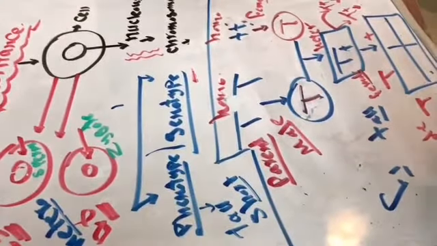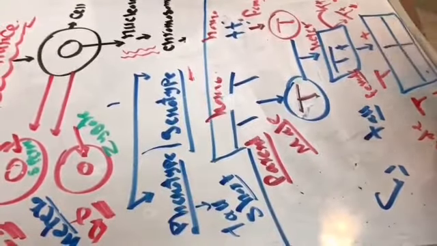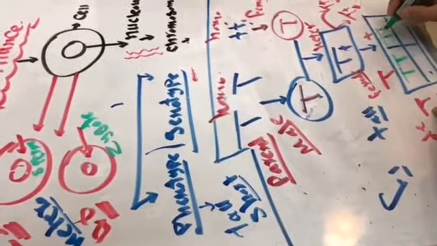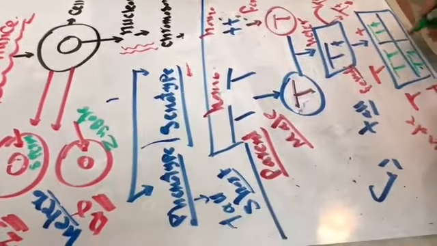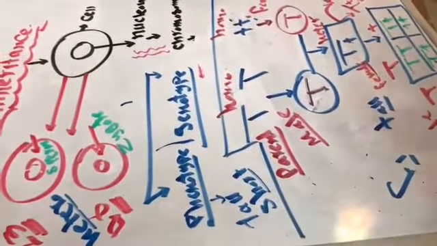Continue to give the results. Start with female and male: T large T large, T large t small, T large t small, and t small t small. This is the ratio. The first point is to make the table, then make the genetic diagram, crossing between the alleles to produce the ratio.